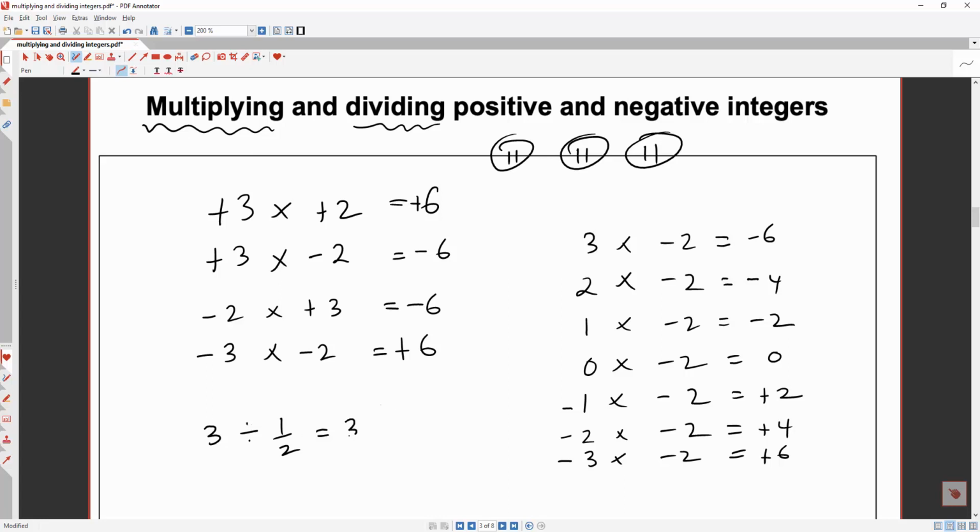So that's the same as 3 times, and a half flipped is 2 over 1 or 2, which is equal to 6. So every division problem can be turned into a multiplication problem, which means that the same rules that apply for multiplication apply for division and vice versa.